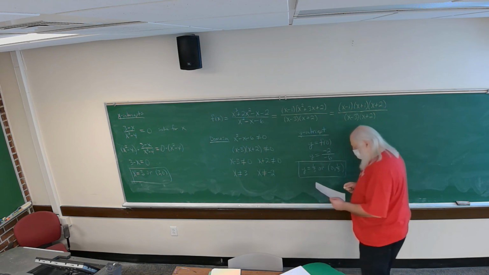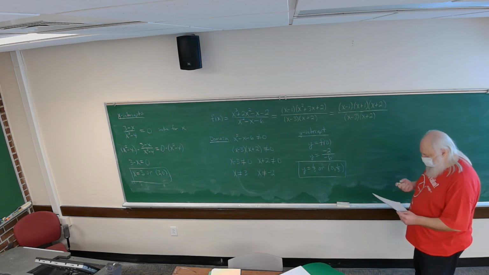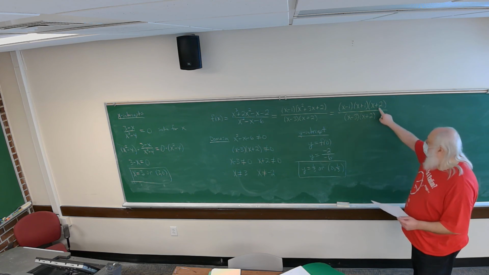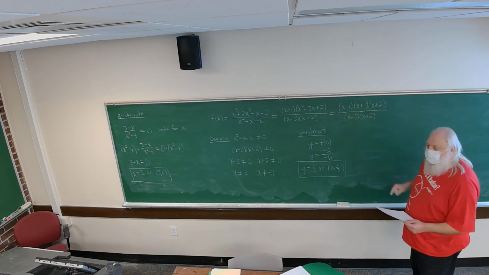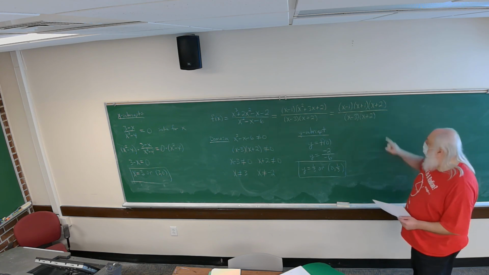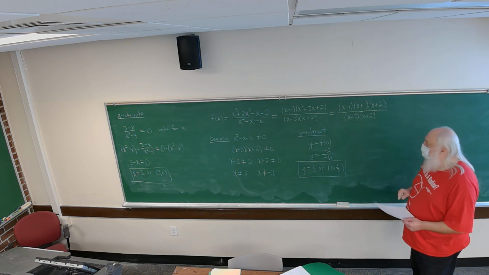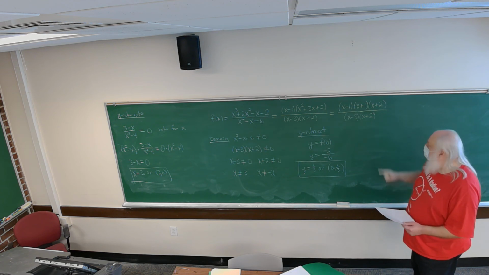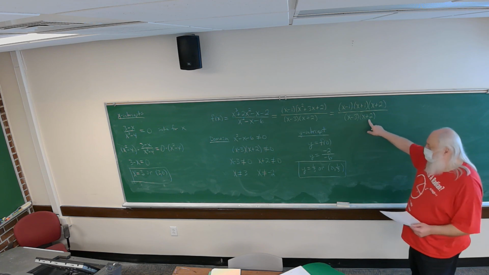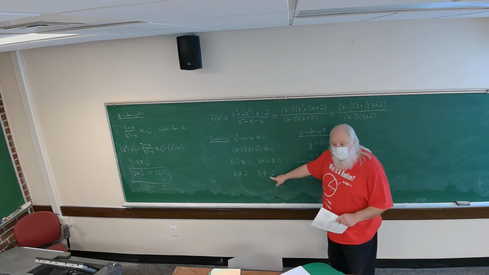Okay. So see, this is a common factor. You can't just set the numerator equal to 0 and solve for x, because x plus 2 is a common factor in the numerator and denominator. I just erased the domain, but x equals minus 2 is not in the domain.